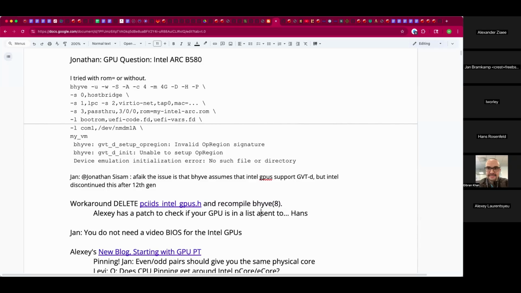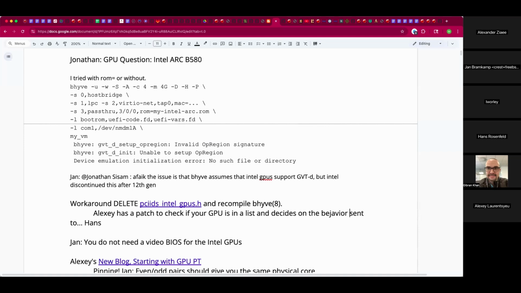Fine. Hans, did he indeed send you something related to that? Did who send me what? Did Alexei send you a patch to the Intel handling that says, hey, it smells like you have this card, let's behave this way? Yeah, I remember getting that, but I didn't have any time to look at it. Will you have any time to look at it?